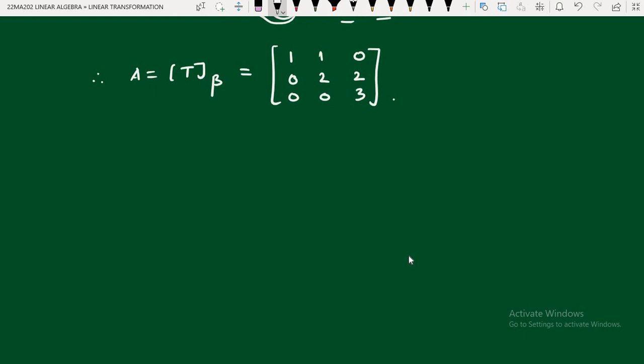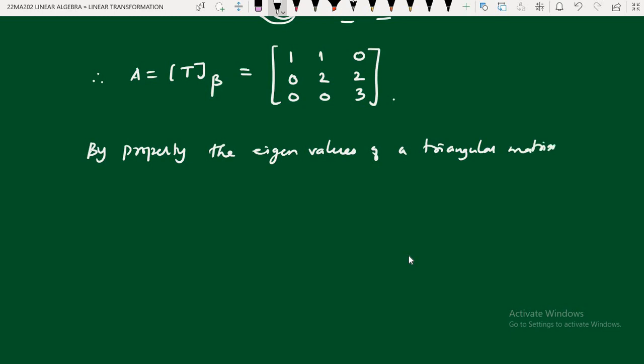So now I apply the property. By property, the eigenvalues of a triangular matrix are the main diagonal elements.